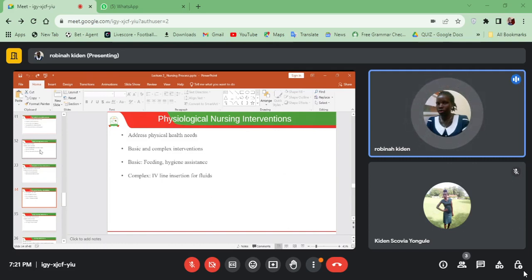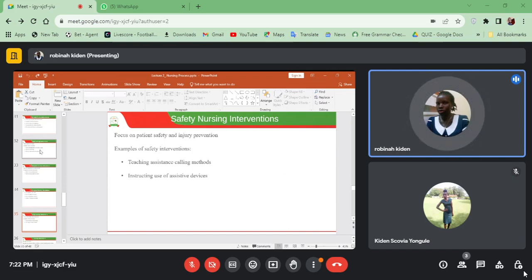Safety nursing interventions. These focus on patient safety and injury prevention. And examples of safety interventions include teaching assistance calling methods. Like the nurse may be far away. What is the patient going to use to inform the nurse about her state, or that she needs the nurse by her side?